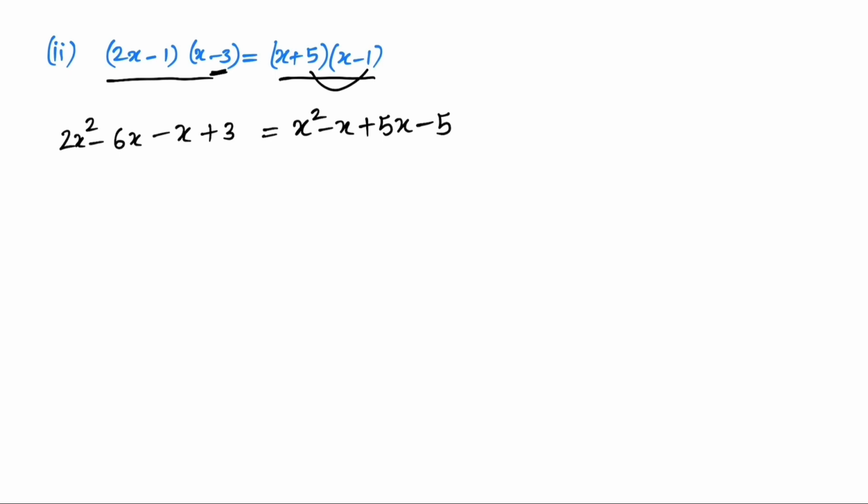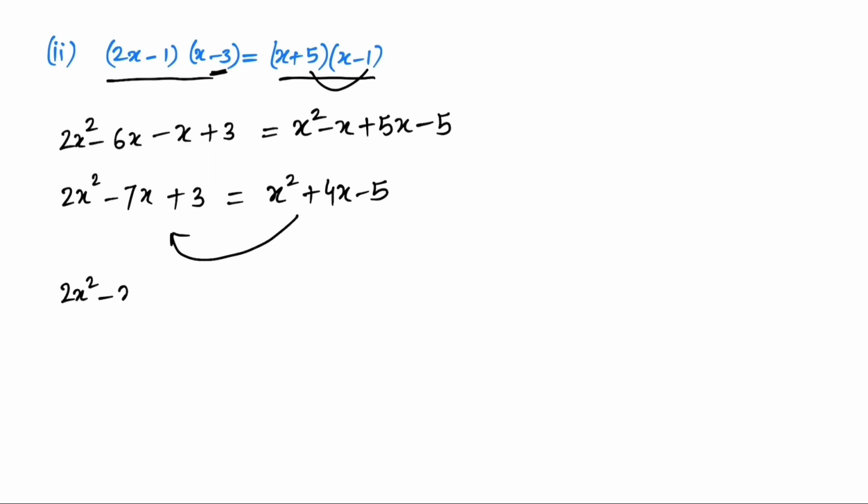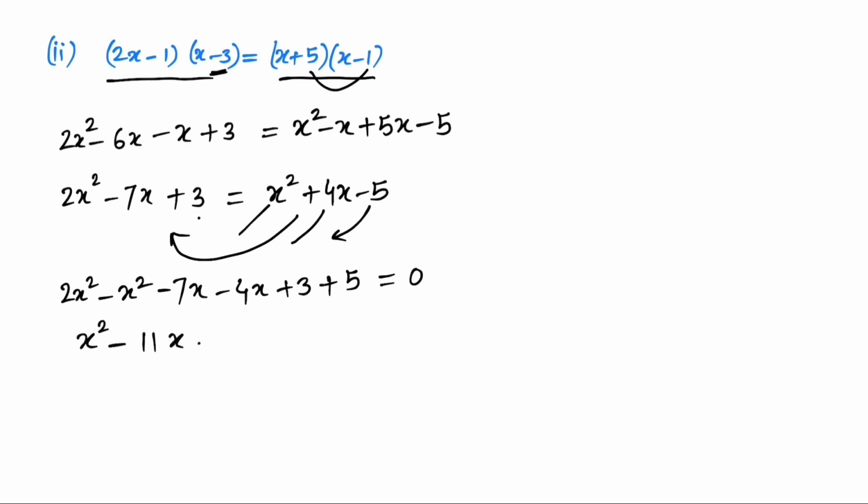Now this gives us 2x square minus 7x plus 3 is equal to x square plus 4x minus 5, right. Now you transfer all these terms here. So we have 2x square minus this x square, right, then minus 7x minus 4x, and this 3, this minus 5 becomes plus 5 is equal to 0, and hence we have x square minus 11x plus 8 is equal to 0, right.